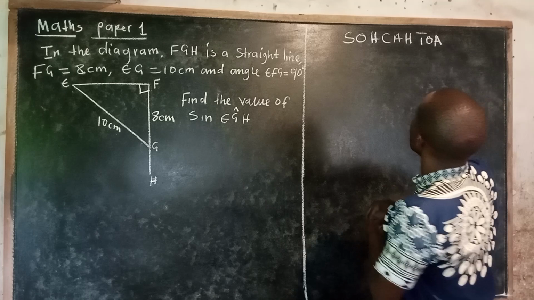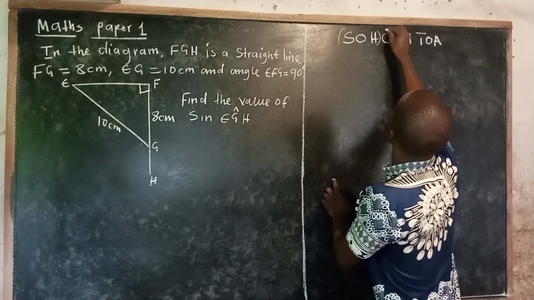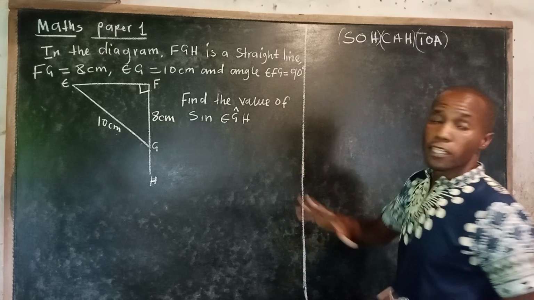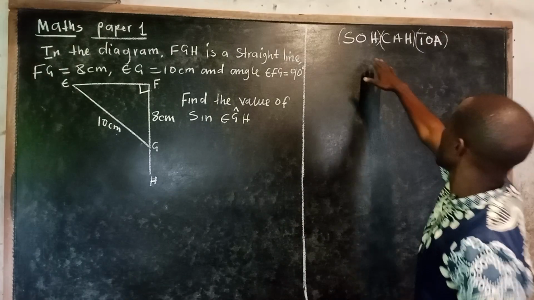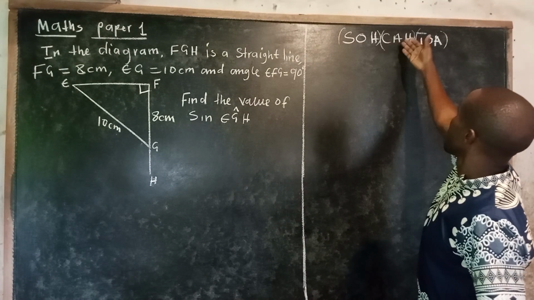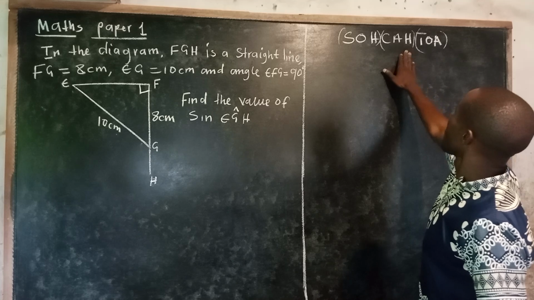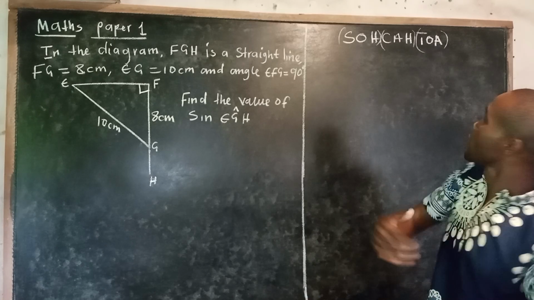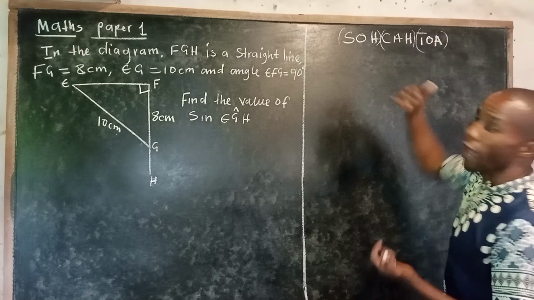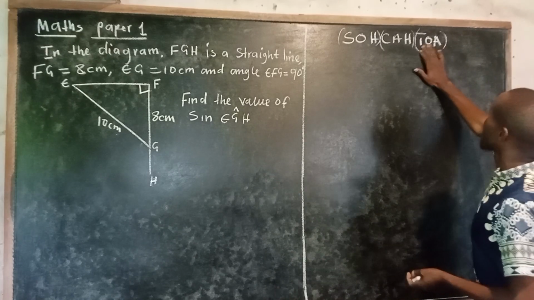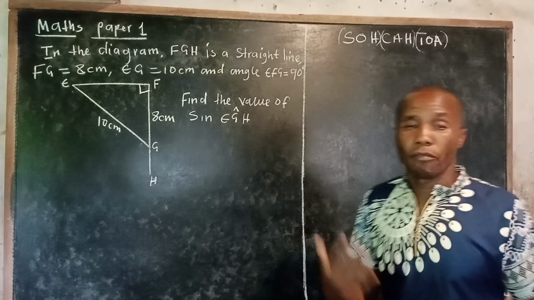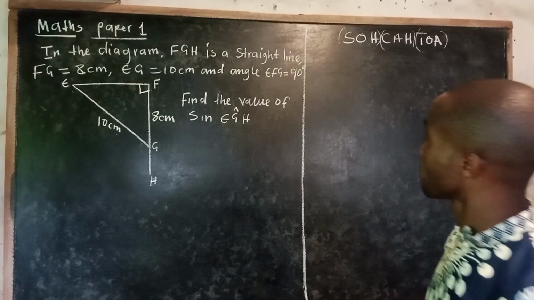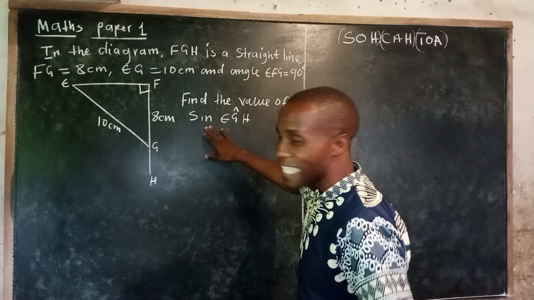Here it simply means we are going to pick them like this, three letters. Sine is opposite over hypotenuse, cos is adjacent over hypotenuse, and tan is opposite over adjacent. Now, getting back to the question that we have, they are saying sine.